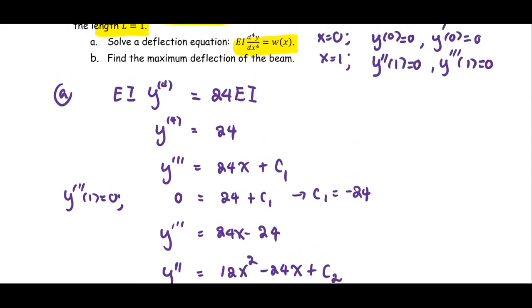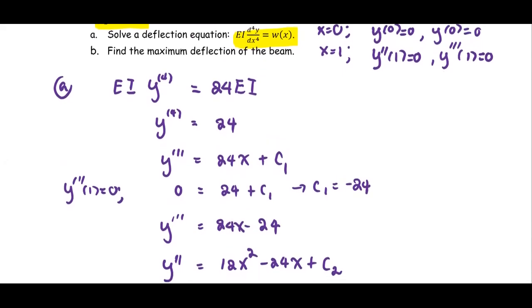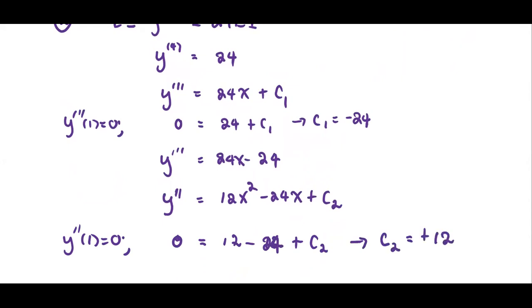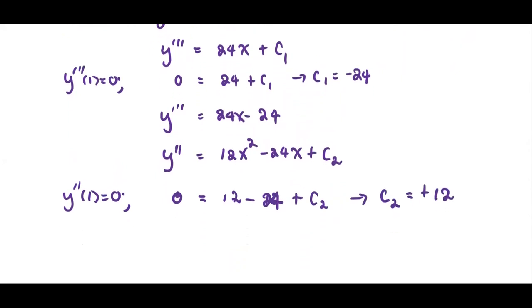From the boundary condition y double prime at 1 equals 0, we get 0 equals 12 times 1 minus 24 times 1 plus c2. So c2 is positive 12. Now we get y double prime as 12x squared minus 24x plus 12.